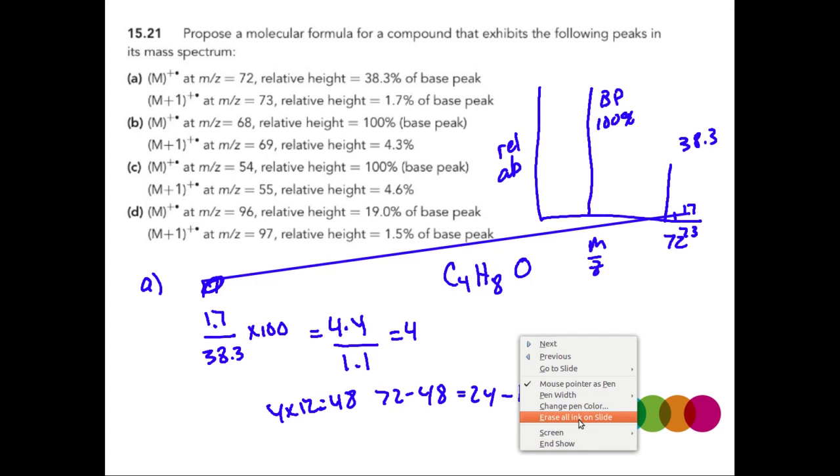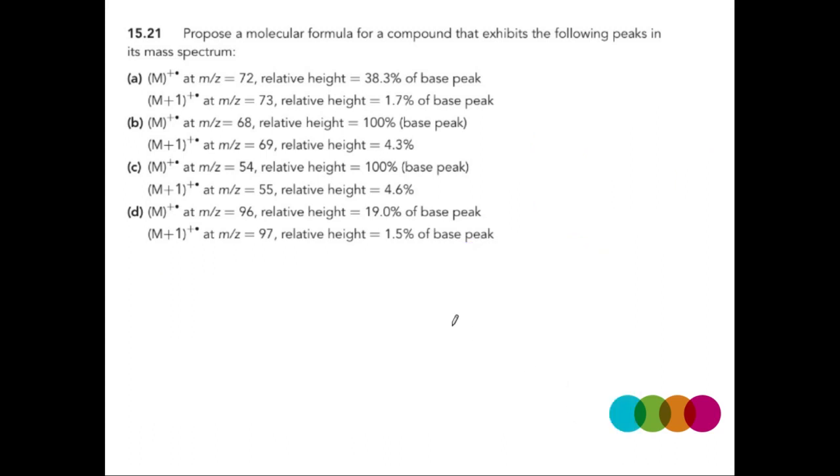Alright, so let's do one more of these, and I'll let you do the rest of those on your own for homework. So we have relative abundance versus mass to charge ratio. Okay, so let's do C. So C says I have a molecular ion peak at 54, and then I have an M+1 peak at 55, and the molecular ion peak is 100%.